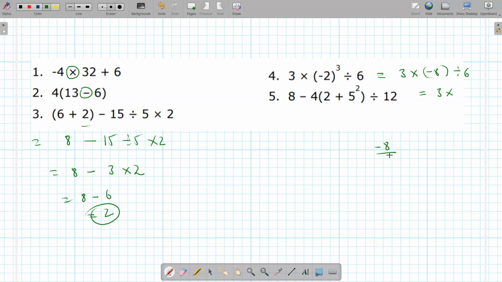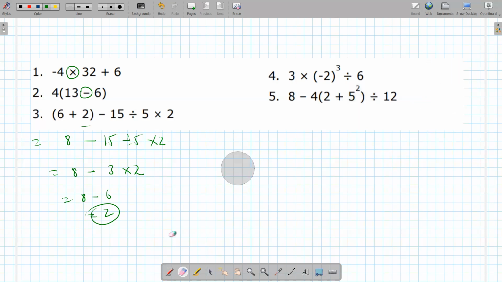So -8 divided by 6, what does that reduce to? -4/3. Yeah, so you want to replace that with -4/3 like that. Now this 3 is going to cancel out with this 3. Numerator, denominator, if there's a times, they cancel each other out. So you get -4.